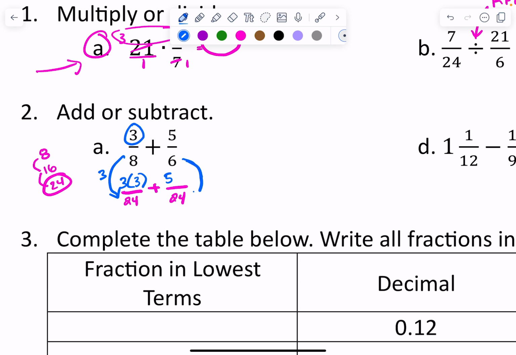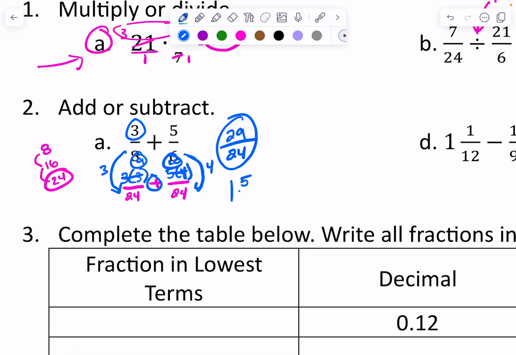What do you take times 6 to get 24? You take 4, so 5 times 4. And 3 times 3 is 9, and 5 times 4 is 20. So when I do that, I get 9 plus 20, which is 29 over 24. And that is what it would be as an improper fraction. If we reduce that and make that a mixed number, it would be 1 and 5 over 24. And I did not specify which one to do, so I don't care.